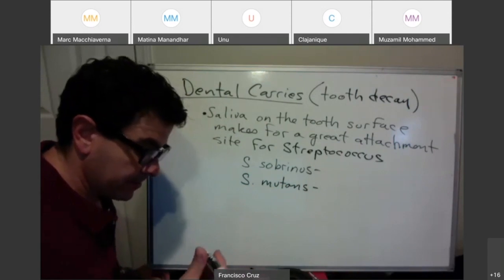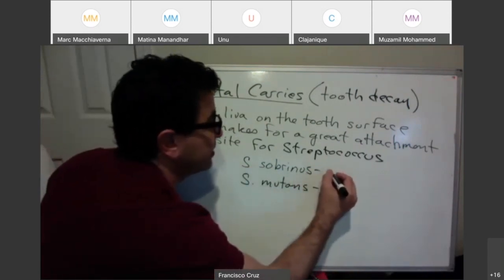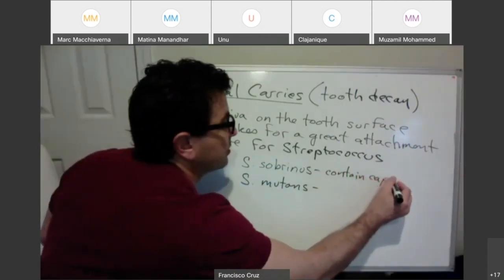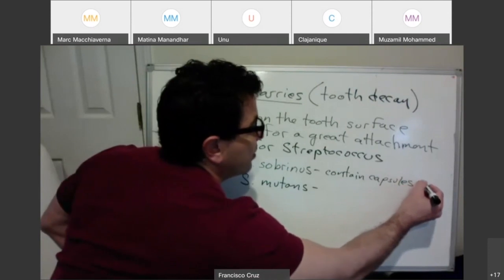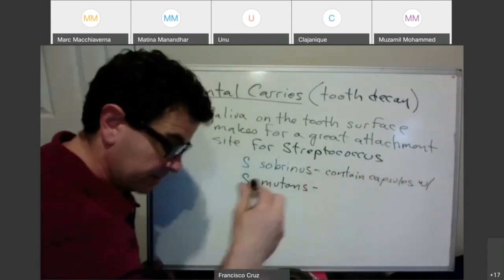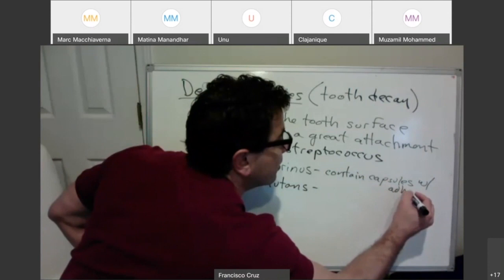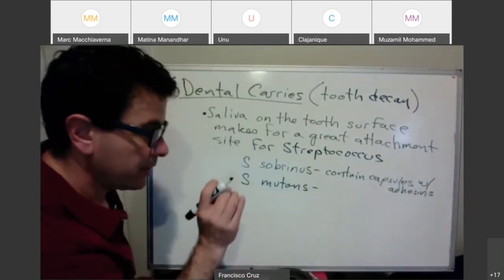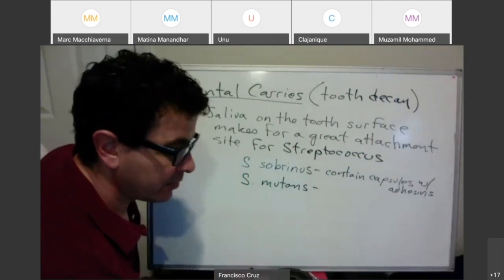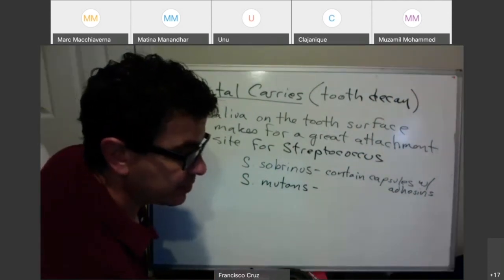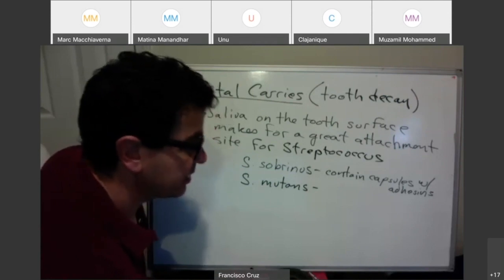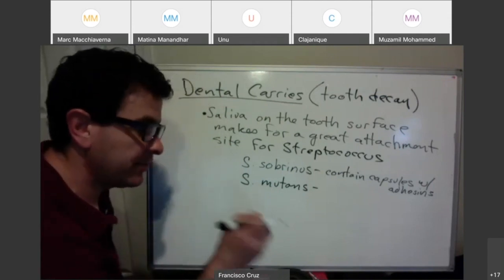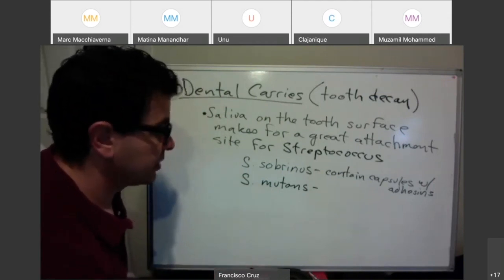And so the sobrinus contains capsules with adhesins. Adhesins, as you remember, have binding capacity. Now, I wouldn't say that the tooth surface has the cell receptors in quite the same way, but we can still think of the capsules as having proteins that are able to engage in the enamel structure and hold on.